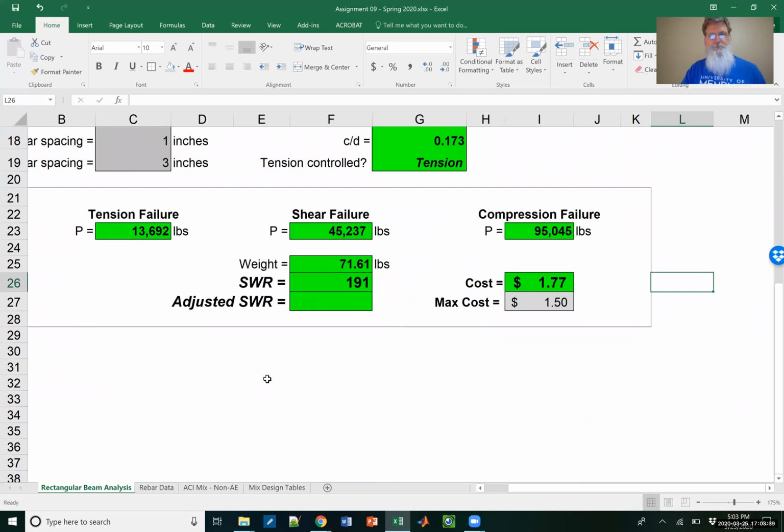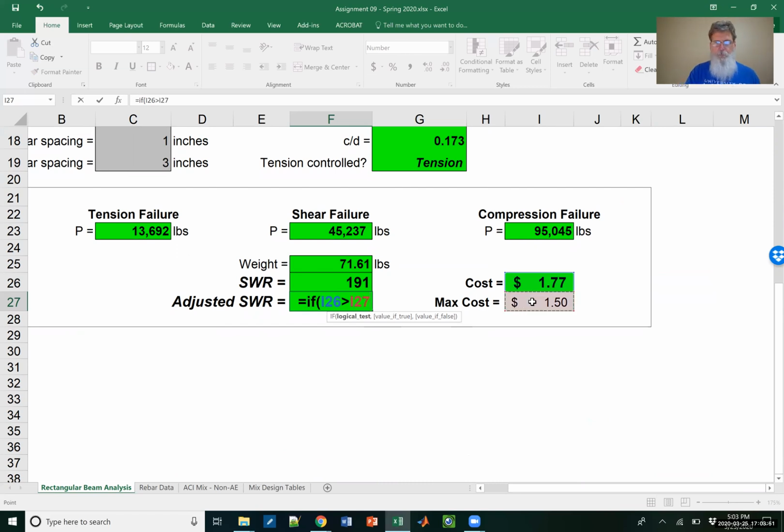So I'm going to start here, and I'm going to say if my cost is greater than the max cost, that means I have a penalty. So how do I convert my penalty? Well, I take my strength to weight ratio and I multiply it times the cost and I divide it.